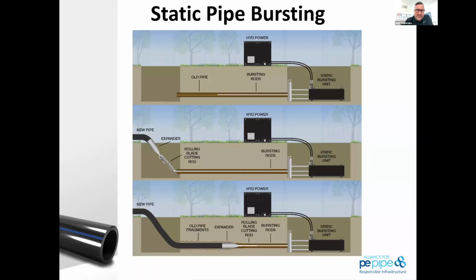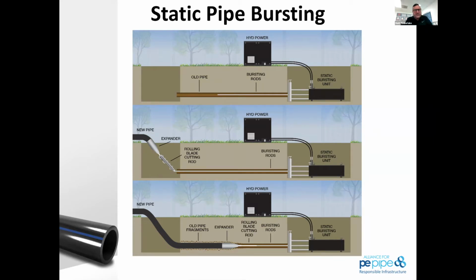But that's similar to CIPP or any other technology. Just because the inventory of small diameter pipe is so high, that's what's going to make up the majority of the market. But there has been pipe bursting of gravity sewers done as big as 54 inches is the last number I've heard. The one thing about this industry is if there's a need, we'll find a way to do it. Oh, we are back.